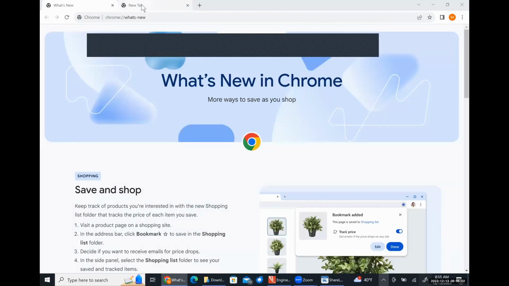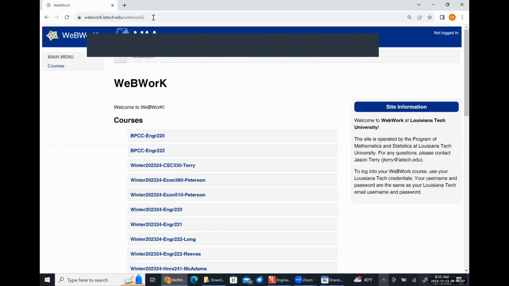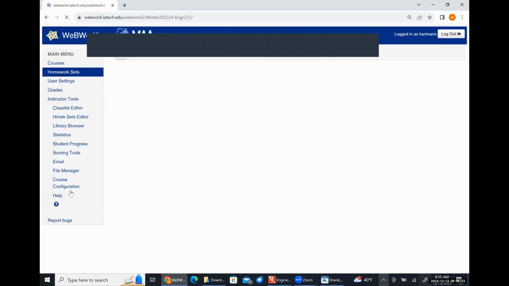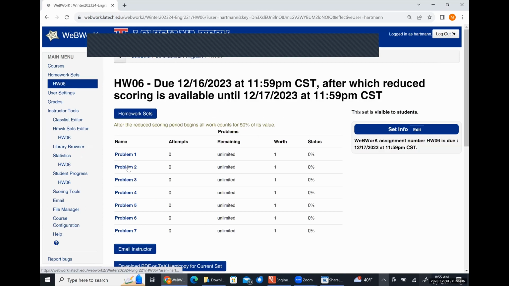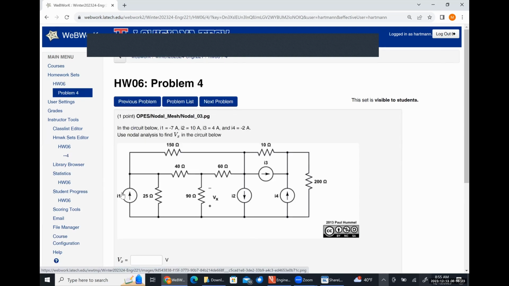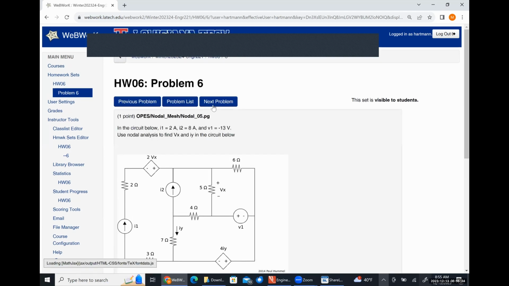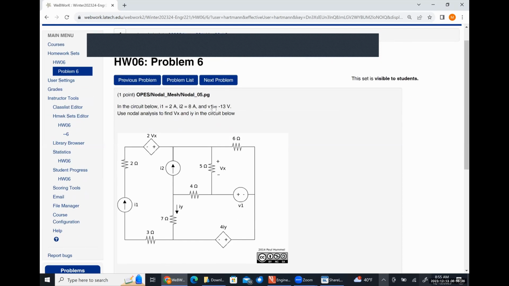I'm not going to do the most awful one, but I'm going to do one of the awful ones, and we're going to use this to practice and continue learning, as it were. So let's look at problem 4. This is the one that I'm thinking of. That one doesn't have any dependent sources. That's fun. That one's annoying, but not as annoying as I want it to be. Here's a nice annoying one.